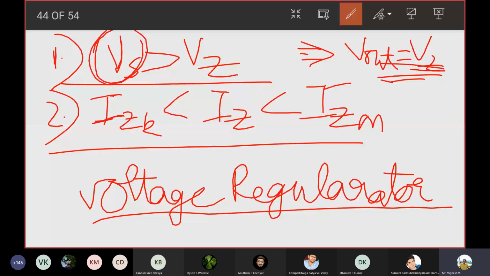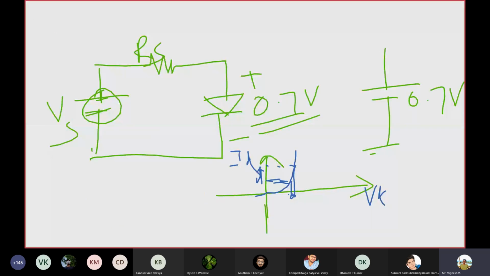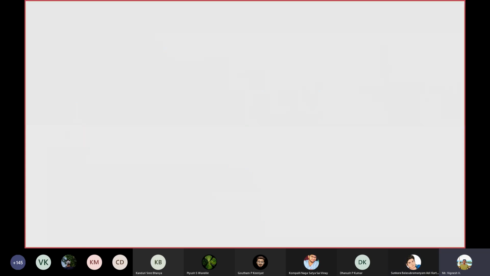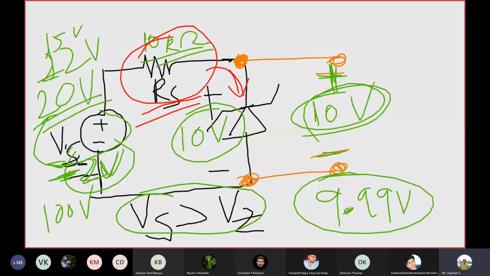Let me give an example. That's the reason I told this problem. I discussed everything in this problem. The Zener voltage is mentioned as 10 volts. If the source voltage is, say, 2 volts, the output you will end up getting is 2.